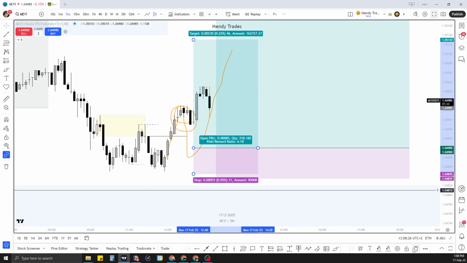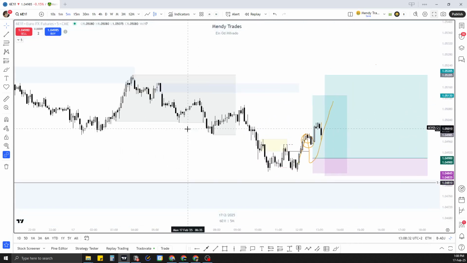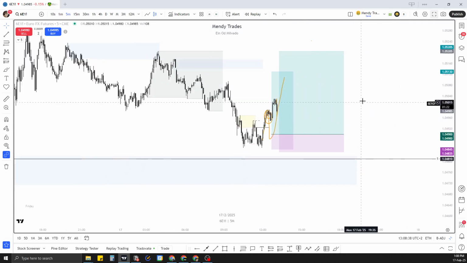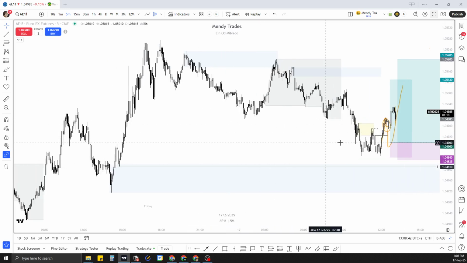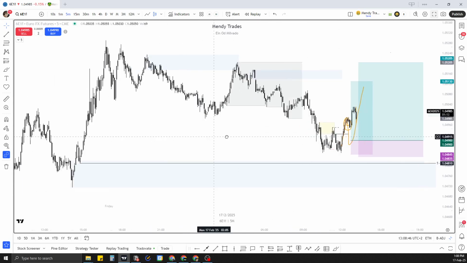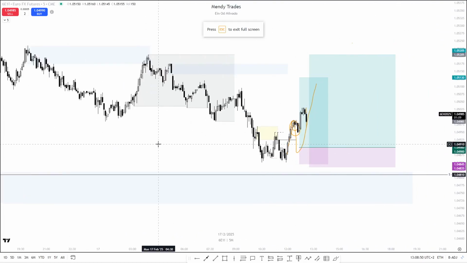So that's a quick explanation, not a very professional or solid one. I'll try to look for more examples and make deeper explanations on when to look for each model to play out. But that's basically what we had this morning.